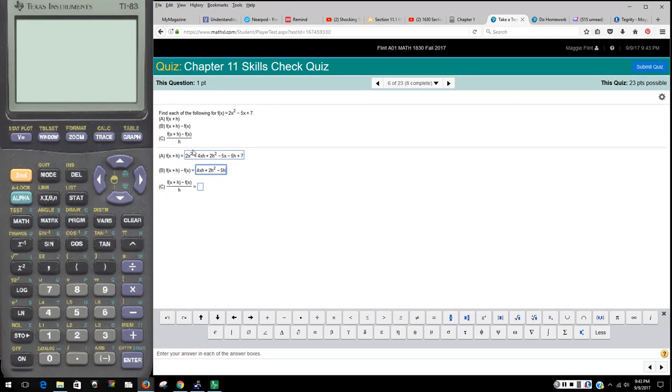Because when you remove f of x, that's the 2x squared minus 5x plus 7, which was the original problem. And then finally, when we factor out the common factor h and cancel, what we're left with is 4x plus 2h minus 5.